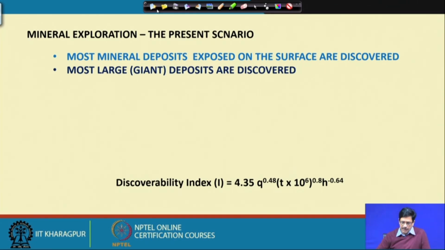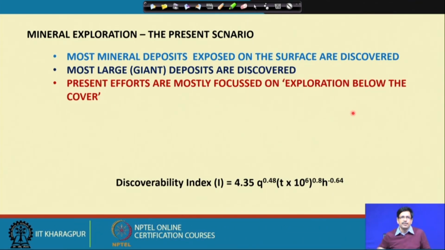Similarly, we can also discuss in terms of size. A deposit of a high tonnage on the surface is far more discoverable than an identical deposit of that size lying at a greater depth. So, the present efforts are mostly focused on exploration below the cover.